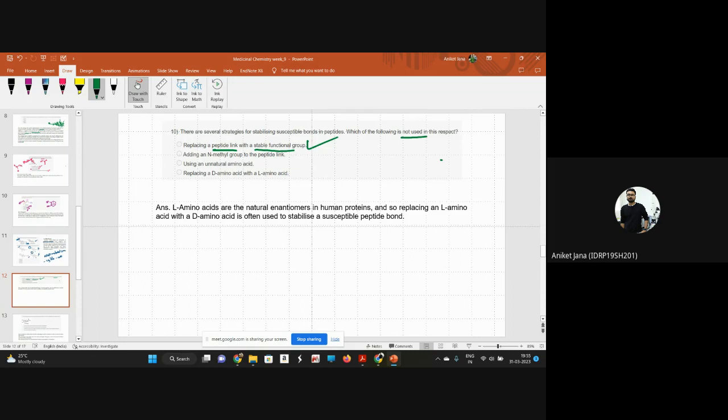Yes, we also use it. Sometimes where NH is there, we use N-methylation to stabilize this bond so that it cannot take place in other kinds of reactions.